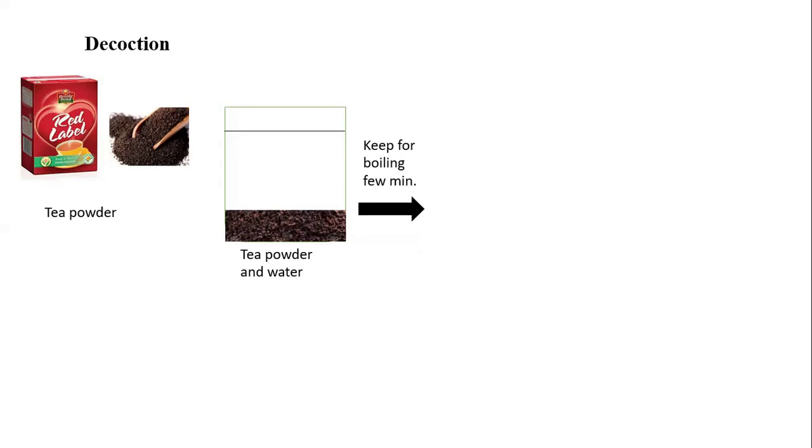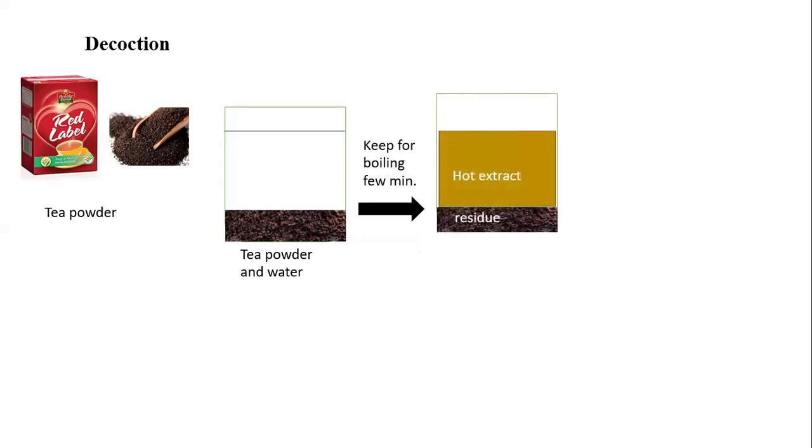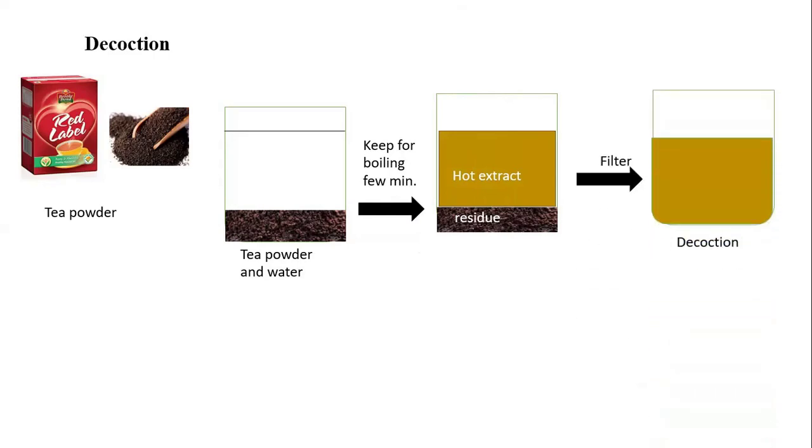After a few minutes, you get the hot extract and the residue at the bottom. Filter this, and after filtration you get a decoction. Okay, so this is one extraction method.